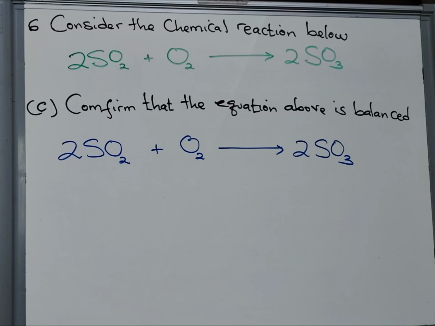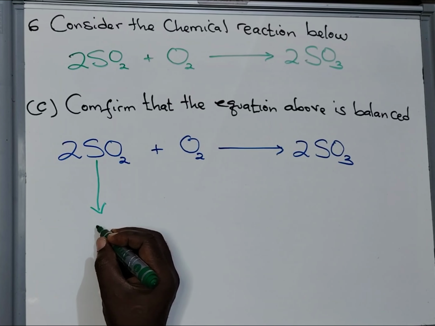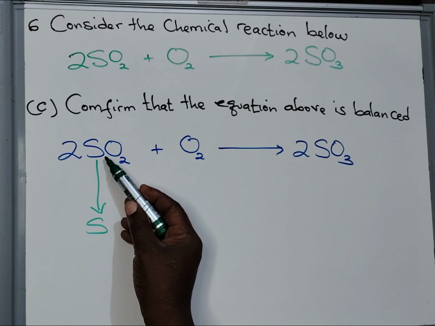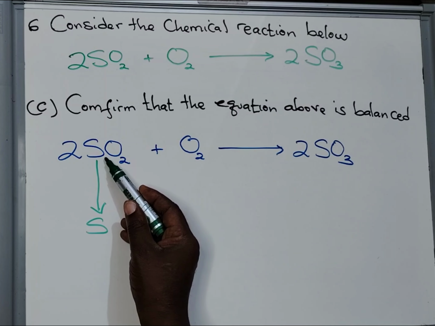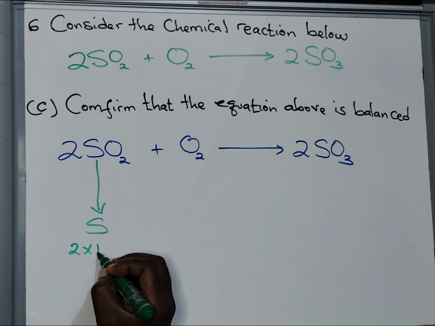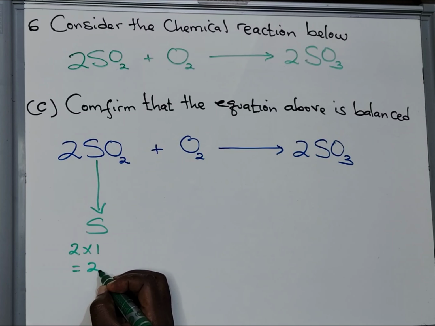Then after that, what do we do? Let's start with the sulfur. Our sulfur has subscript 1 because we don't see any number here. If there's no number, the number is 1. So it's going to be 2 times 1, giving you 2.